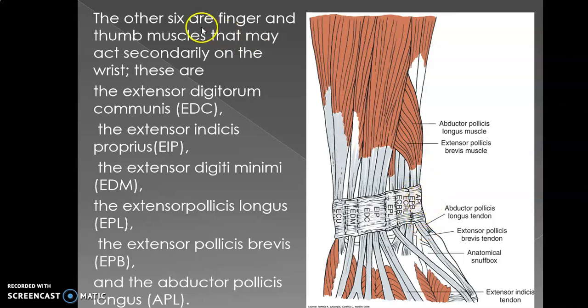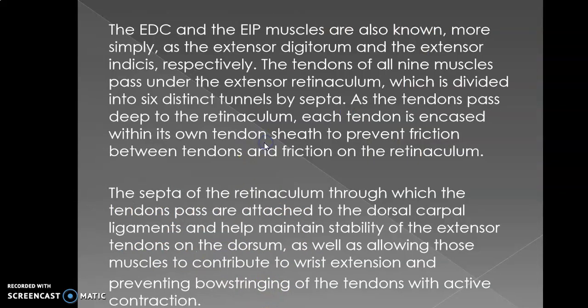So the other 6 muscles of the fingers and thumb are EDC, extensor digitorum communis, which is the main muscle of extension of the fingers, extensor indicis proprius, extensor digiti minimi, extensor pollicis longus, extensor pollicis brevis, and abductor pollicis longus.